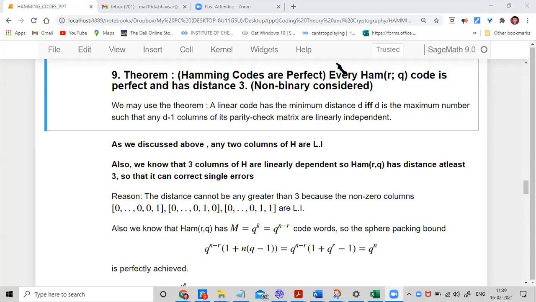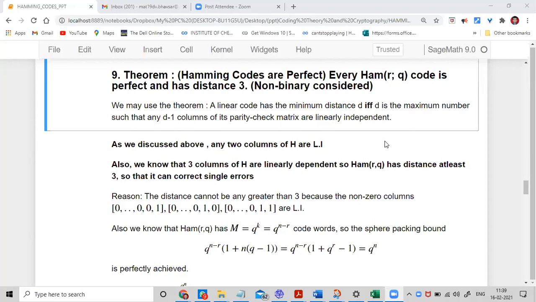But for t equal to 1, how many code words are there in each sphere? Here the distance, q, is also 2. So he has given here 1.